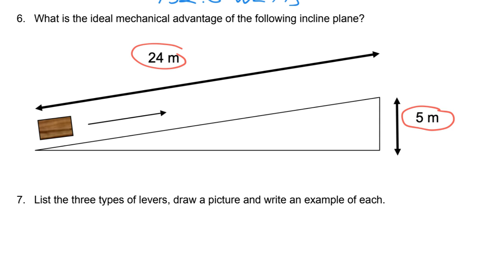So that means it takes a lot longer, but we get a mechanical advantage. To find the mechanical advantage, it's just as simple as dividing these two numbers to get that we get a 4.8 mechanical advantage. So ideal mechanical advantage, meaning that if lifting this box directly would take 48 newtons of force, we could do it with only 10 newtons of force up this ramp.